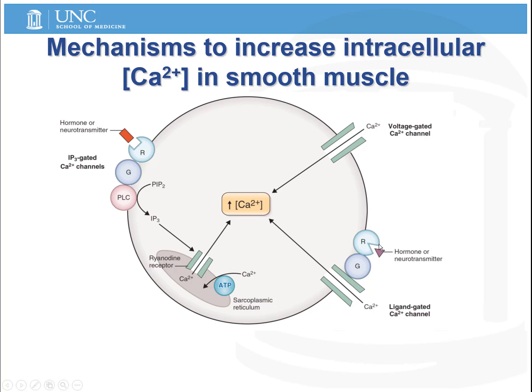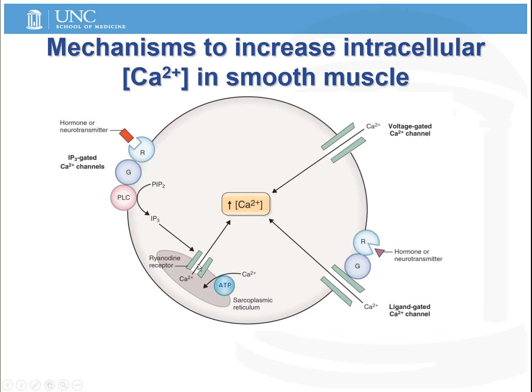So when the hormone or neurotransmitter is bound, the ligand-gated calcium channel is open and calcium can flow into the cell. There are also these IP3-gated calcium channels that allow calcium release from the sarcoplasmic reticulum.